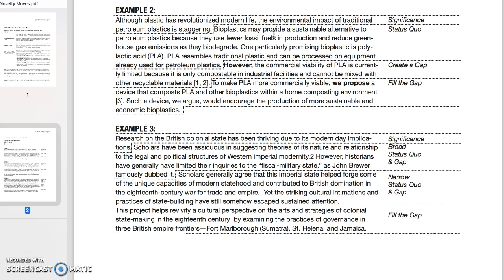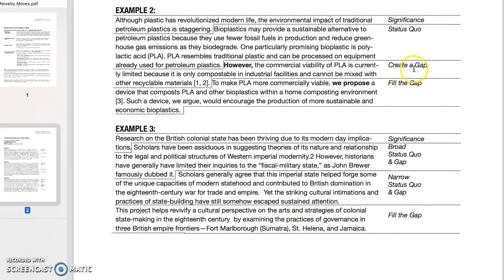So here in their status quo, they're giving me contextual information on bioplastics and what has already been established about them. So what are already some advantages about them? What is this PLA? They're giving me these contextual information and terms that really orient me to what is currently going on and being said in the field.